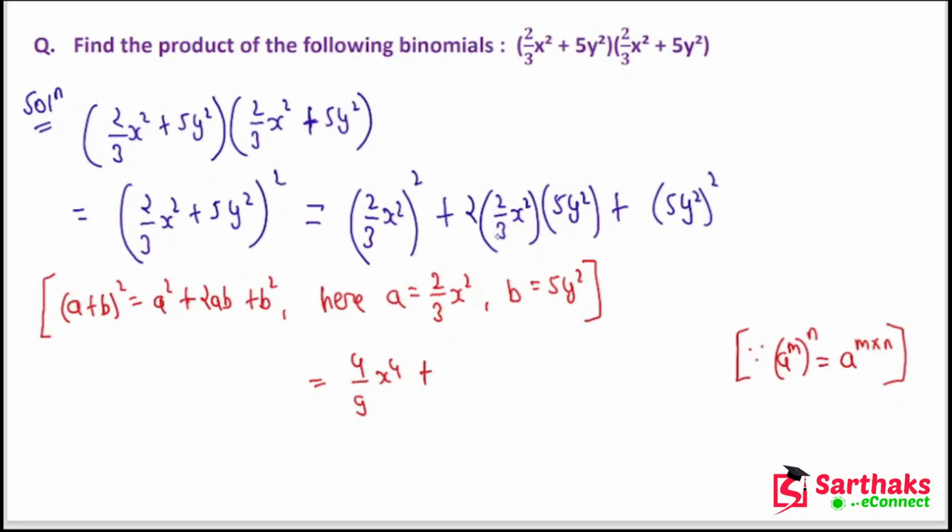Similarly here it is 2 into 2, 4, 4 into 5. So it would be 20/3 x² y² plus 5² that is 25 y raised to the power 4. So it will be 4/9 x^4 plus 20/3 x² y² plus 25 y^4. Okay, so that is the product.